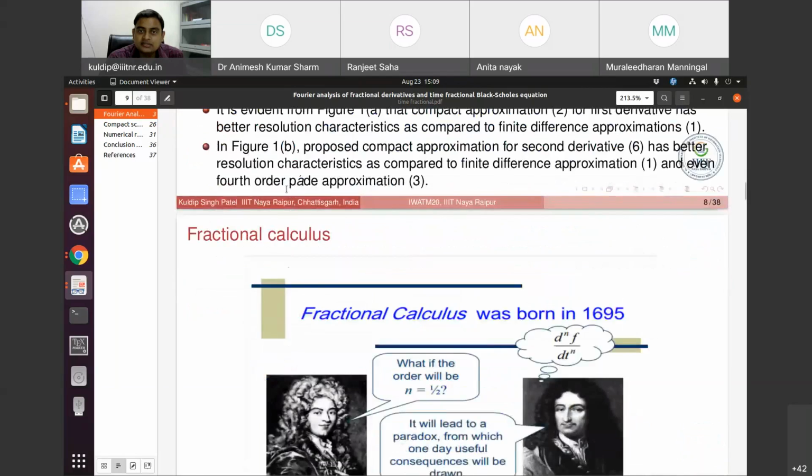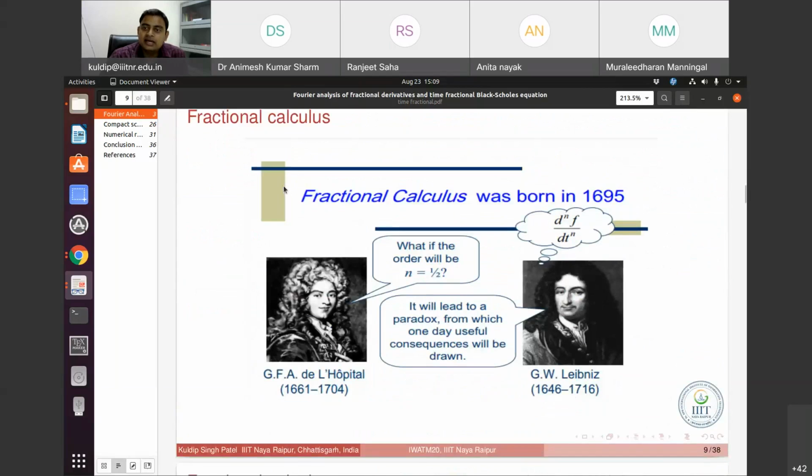Earlier, in 1695, about 400 years ago, L'Hospital and Leibniz, everyone knows them, I believe, those who belong to a mathematics background. It is said that L'Hospital wrote a letter to Leibniz. Leibniz gave the derivative concept, d^n f by dt^n, this notation.